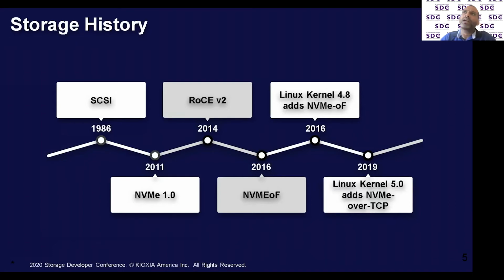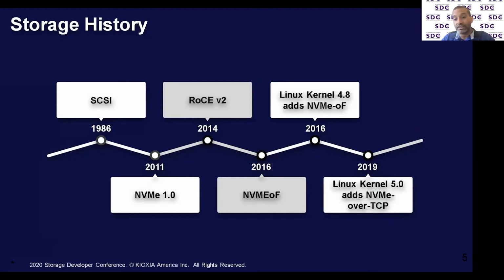Then there are other relevant technologies such as RoCE version 2, which is RDMA over Converged Ethernet, that came into the picture in 2014. Then NVMe over Fabrics, sending NVMe protocol commands over the network, was introduced in 2016.